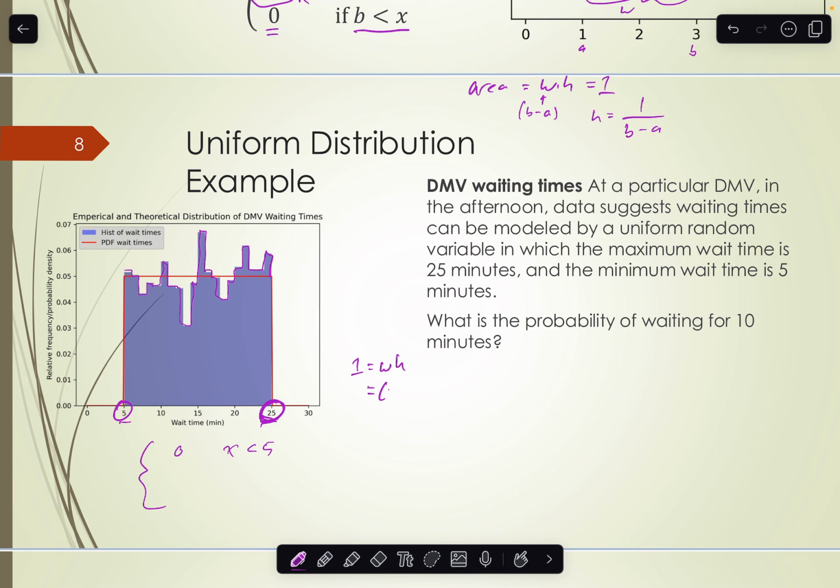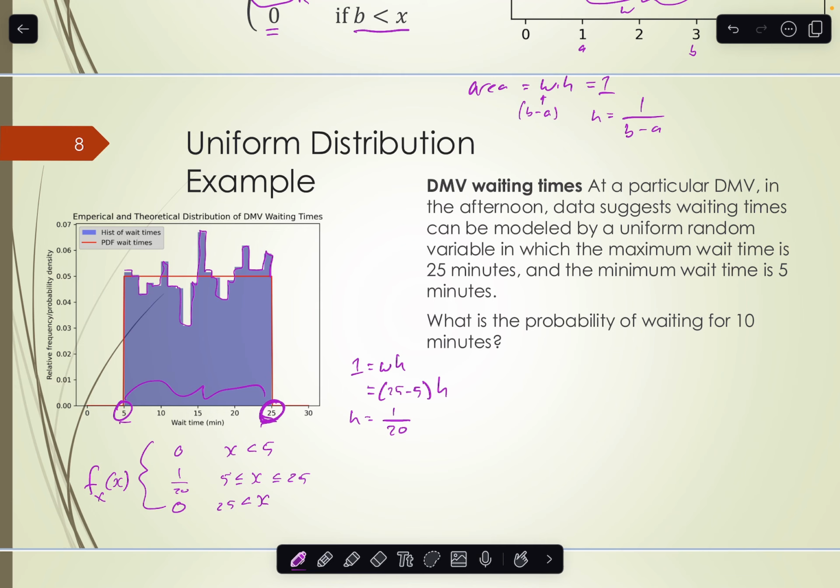The width is 25 minus 5, so h needs to equal 1 over 20. That's the density when x is greater than or equal to 5 and less than or equal to 25. If x exceeds 25 in any way, it's going to be 0.